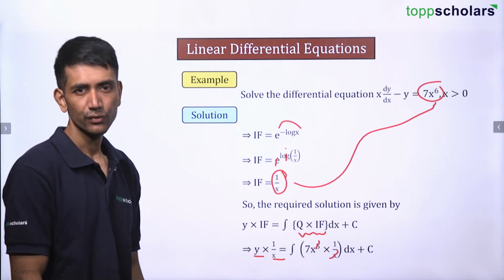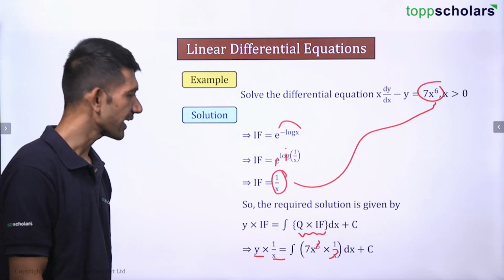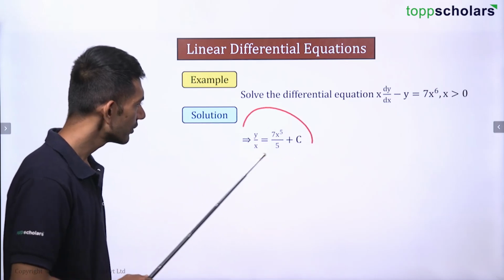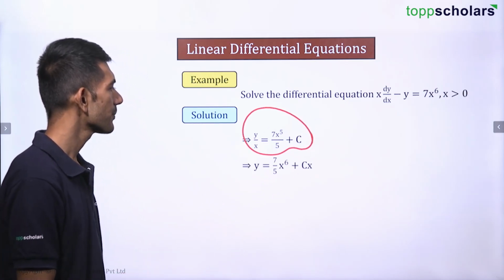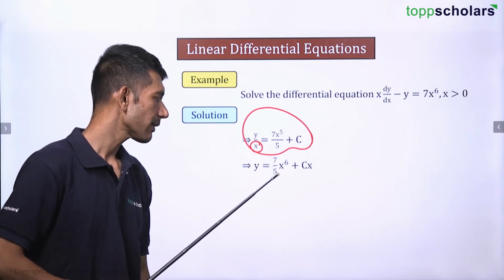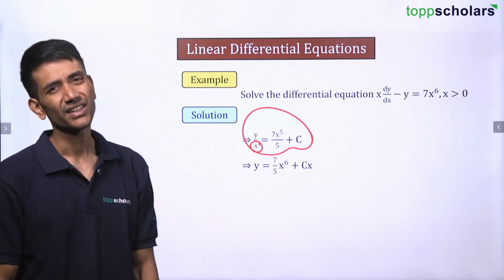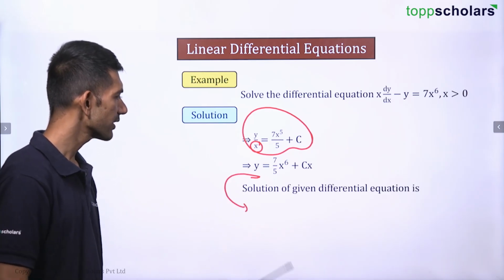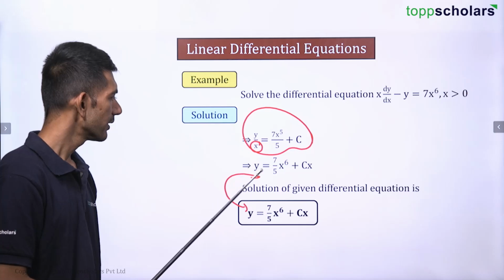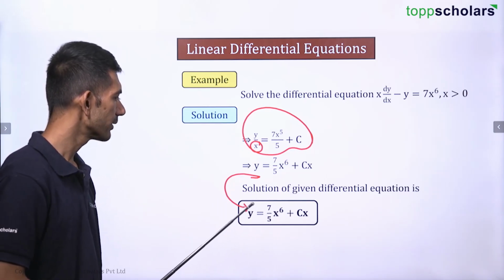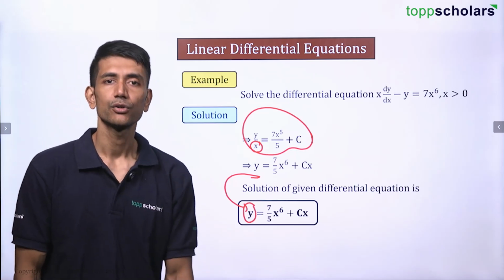Integrate 7x raised to 4, that is 7 times x raised to 5 by 5, right? So if I take x on the other side, I get 7 by 5 x raised to 6 plus c into x, right? So the solution of the differential equation is given by y is equal to 7 by 5 x raised to 6 plus cx. I hope this part is clear to all of you.